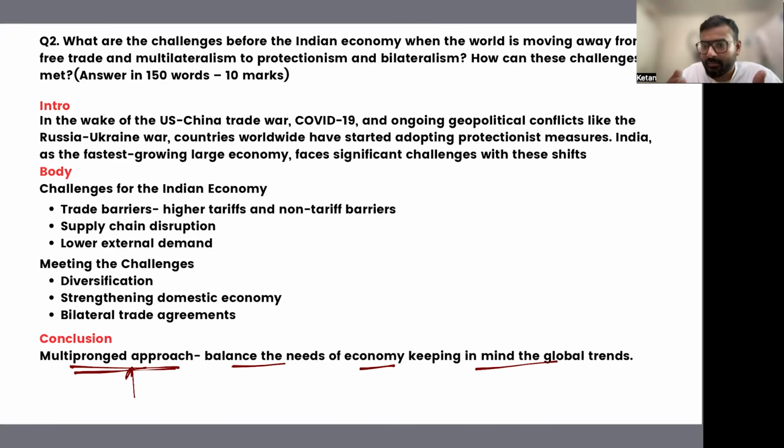The need of the economy is high rates of growth. So for that, strengthen the domestic economy, do bilateral agreements, diversify your export market, while at the same time not depending on international trade totally. Also look inwards. So that is how you can approach this question.